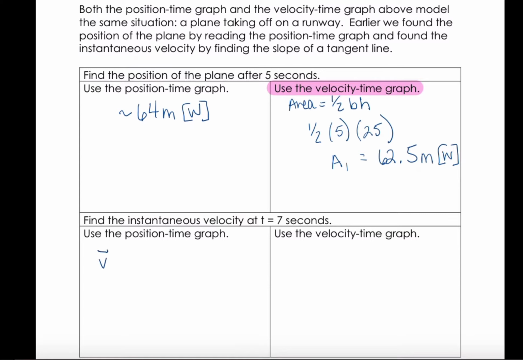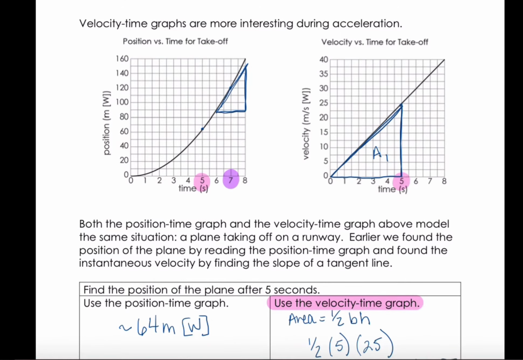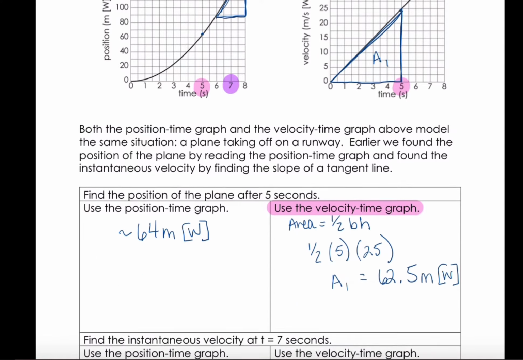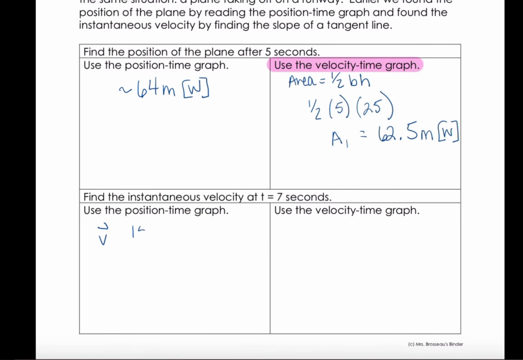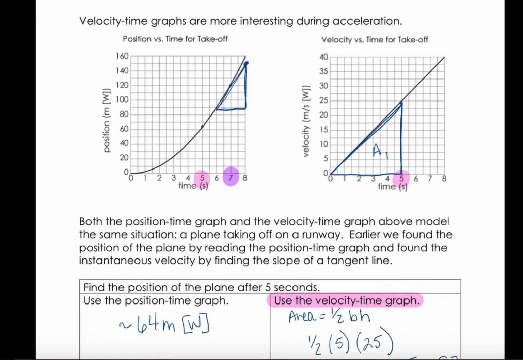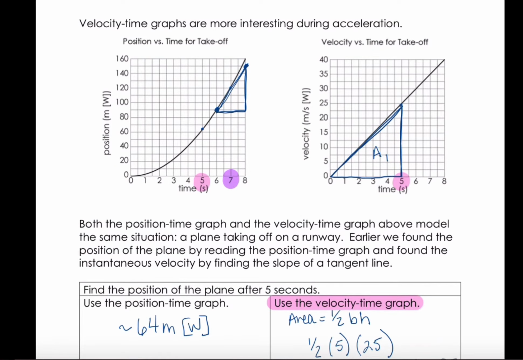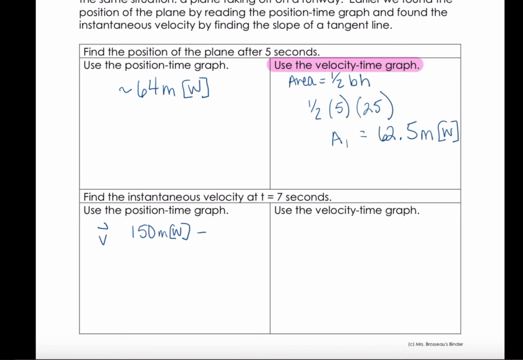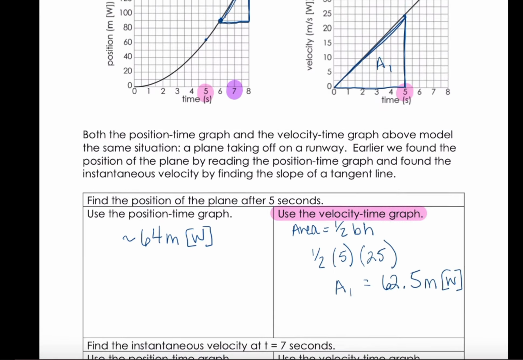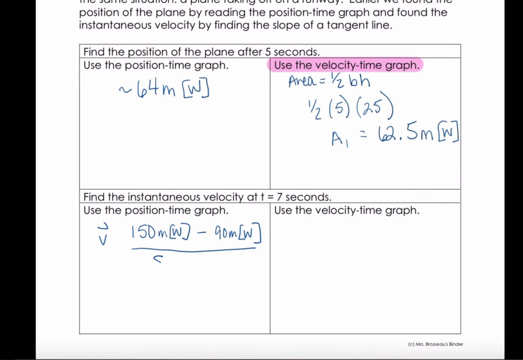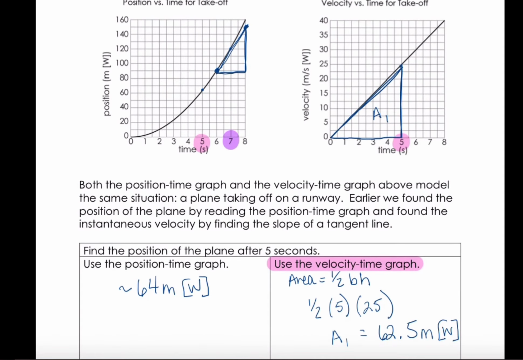for the velocity, we're going to have the ending position at about 150 meters west, minus the initial, which was 90 meters west, divided by t2, the final time, which would have been 8 seconds, minus the start time, which would be 6 seconds.